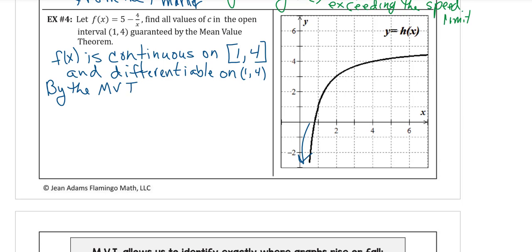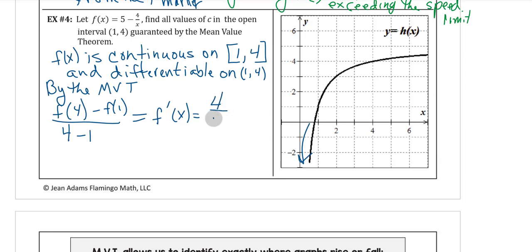is we are going to say that the slope of the secant line between the endpoints has to be equal to the derivative of the function at a specific point. And that derivative is going to be 4 over x squared. Okay?